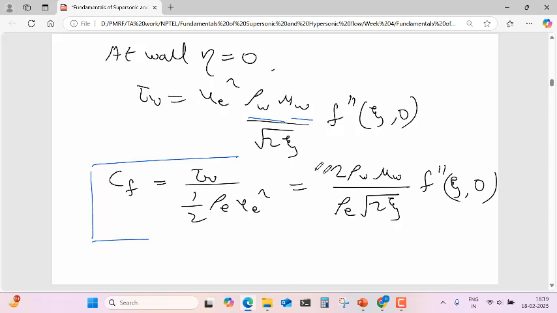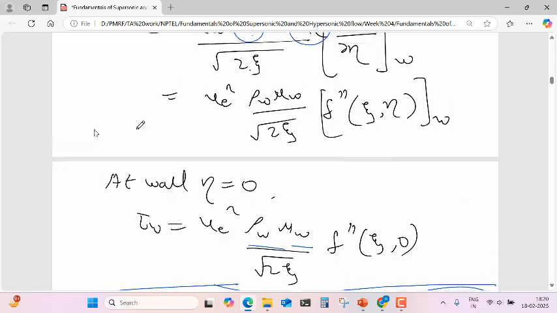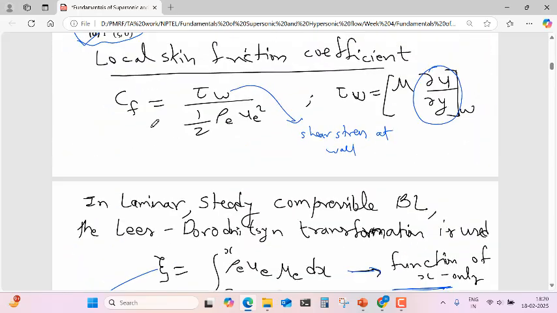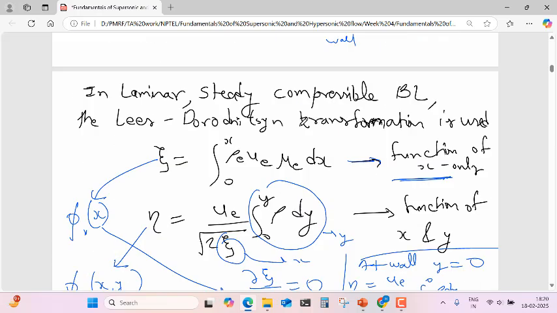We will get this equation. So from this you can see that it depends on f double dash (xi, 0).